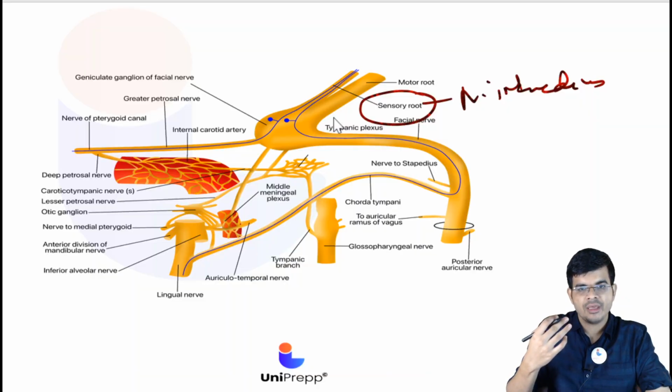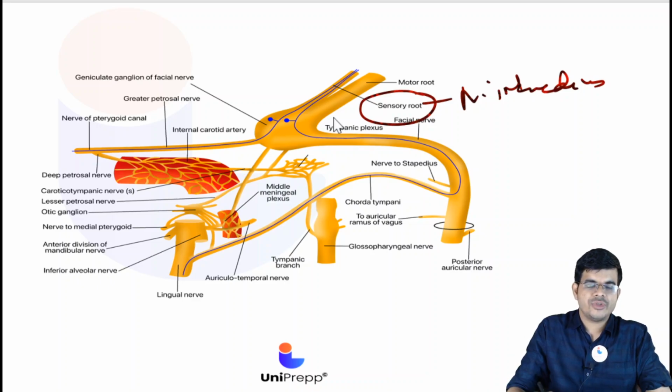All those things are happening only after this nervus intermedius goes and joins with the motor root. Okay, so that is happening in the intracranial part itself, and now we can see how the facial nerve is going like this. Okay, here this is the posterior part, this is the anterior part. Okay, and anteriorly you have the carotid artery.